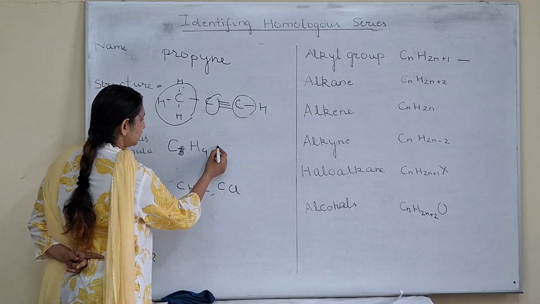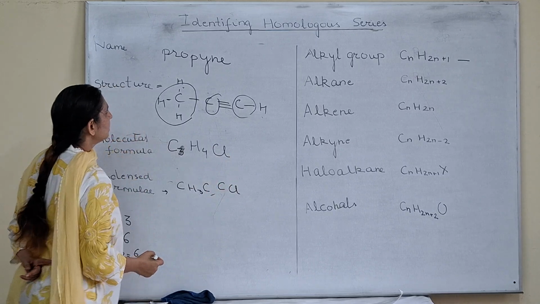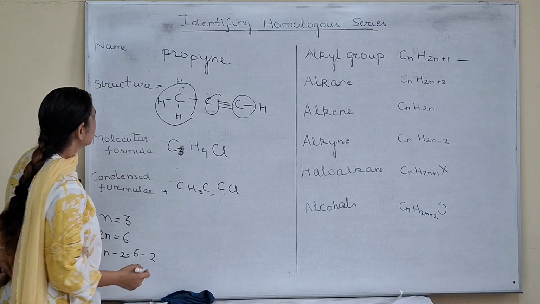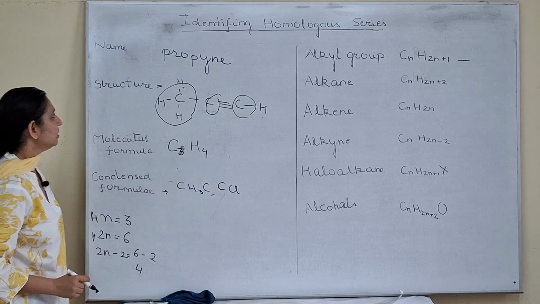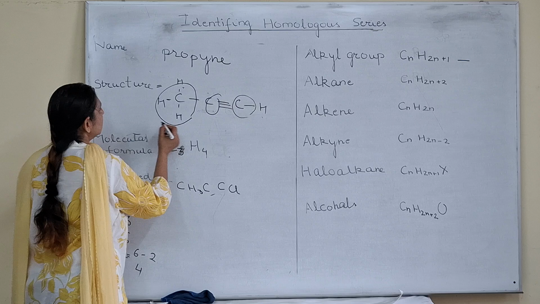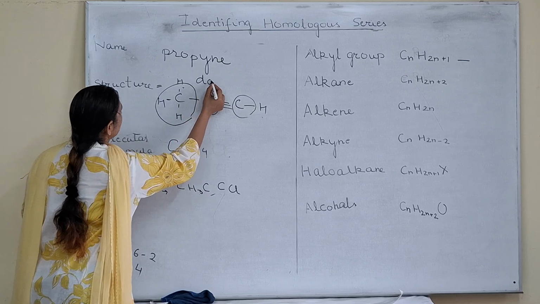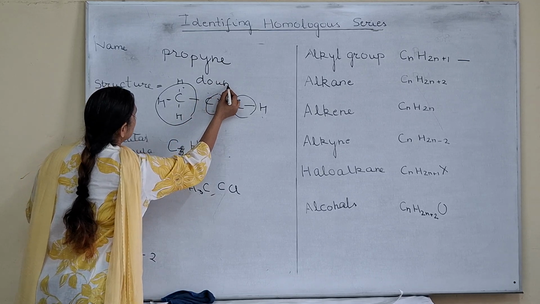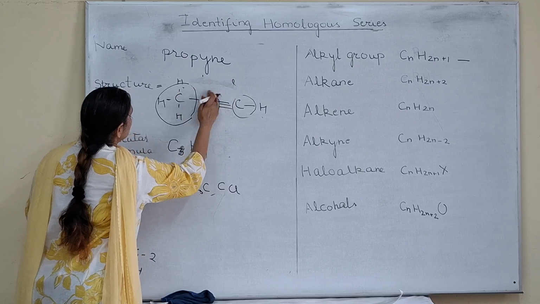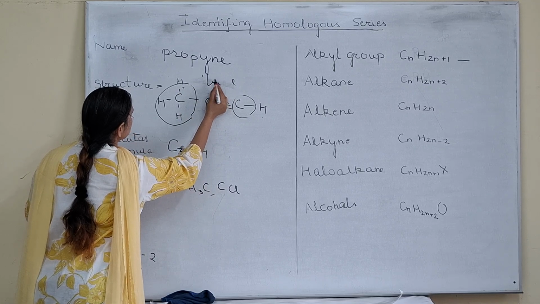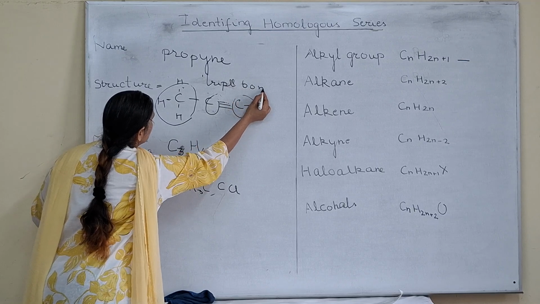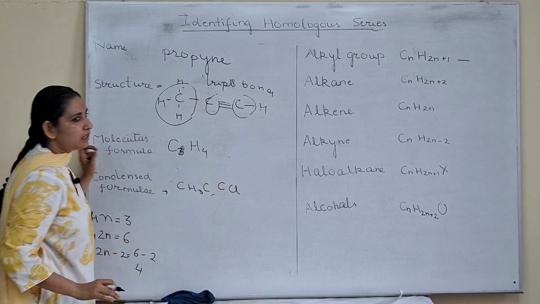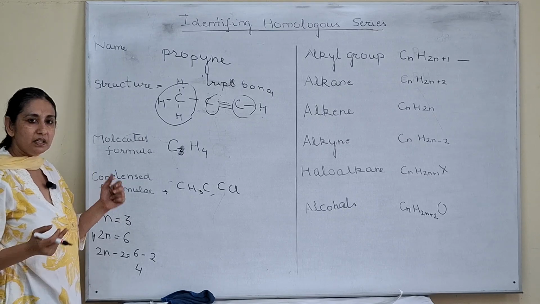C3H4, does it have a double bond or a triple bond? Because it is yne, there will be a triple bond.